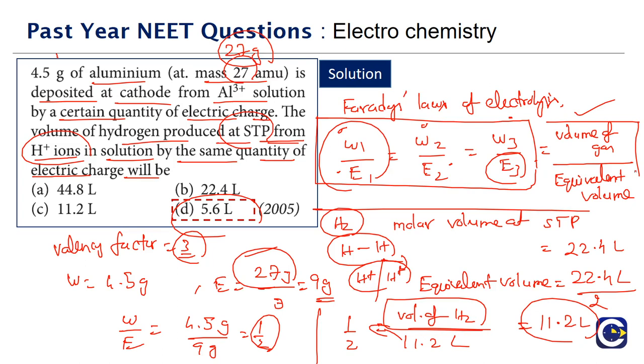In case of volume measurement, we say volume by equivalent volume. What is the equivalent volume concept? Just like the way we calculate equivalent weight: molecular weight by valency factor for molecules, and atomic weight by valency factor for atomic species. If we talk about equivalent volume, since these problems are generally given at STP conditions, it will be the molar volume, which is 22.4 liters, divided by the valency factor.